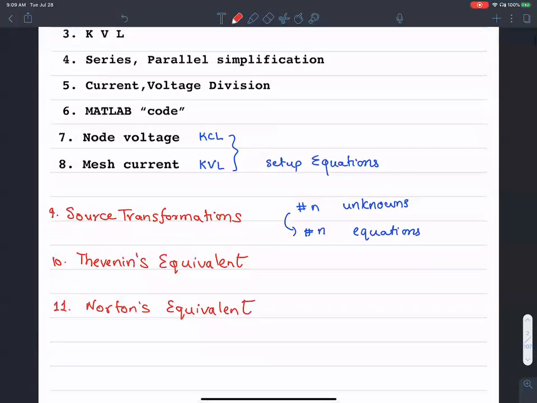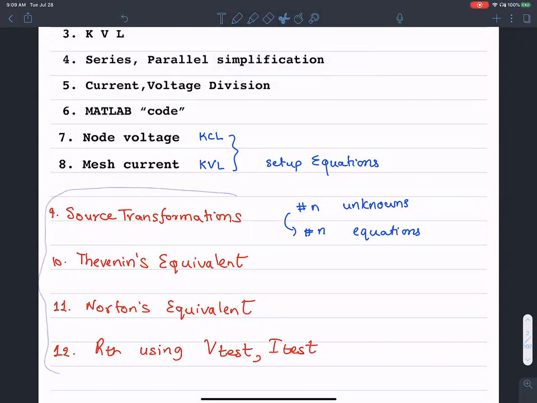And how do you find R Thevenin using the V-test, I-test method? Okay, so these are the new techniques that we picked up so far.